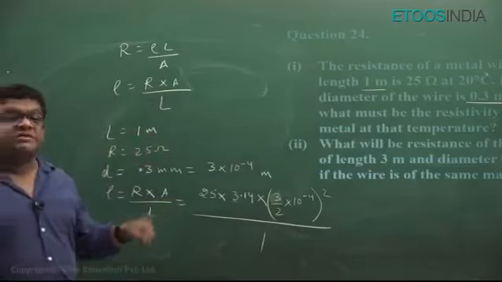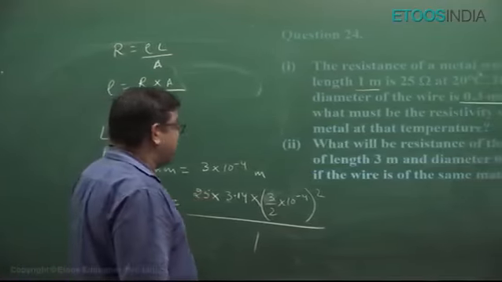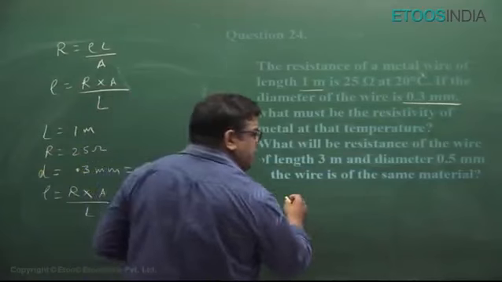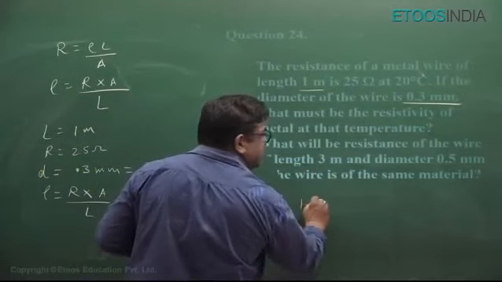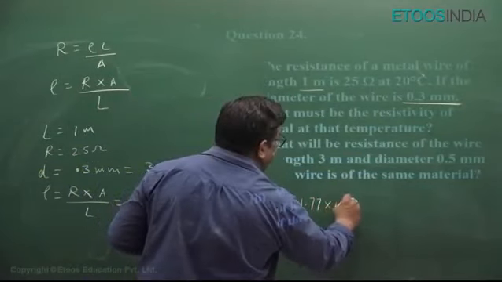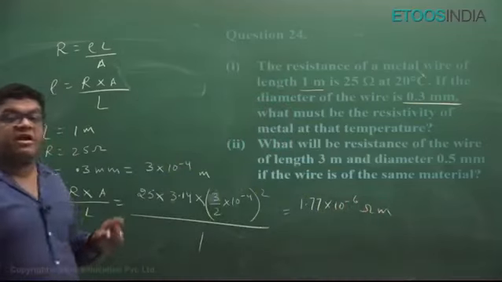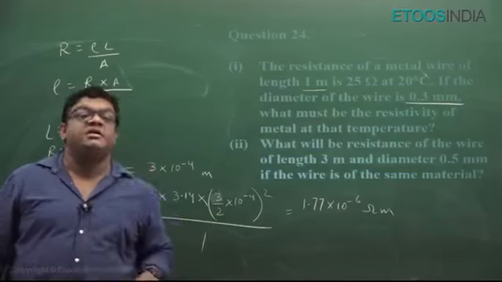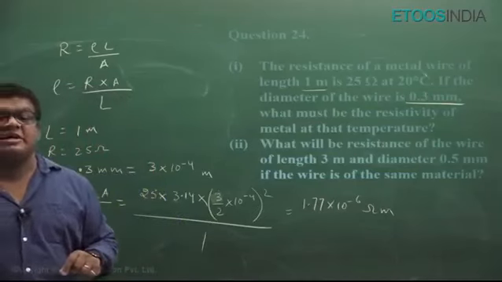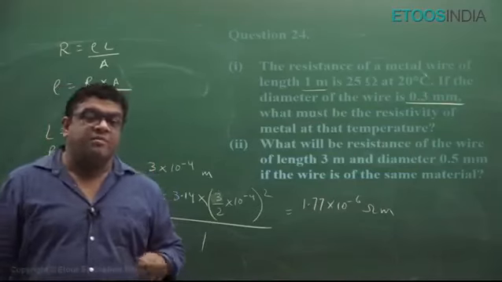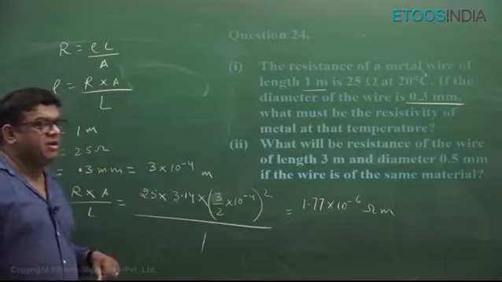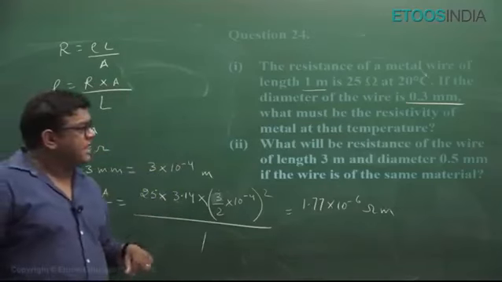Students, the moment you solve it, you will find that the final answer comes out to be 1.77 into 10 raised to power minus 6 ohm meters. Remember this, that we have to convert this millimeter into meter, or else the answer will not be correct, because all units must be the same here. Now let's move on to the second question.